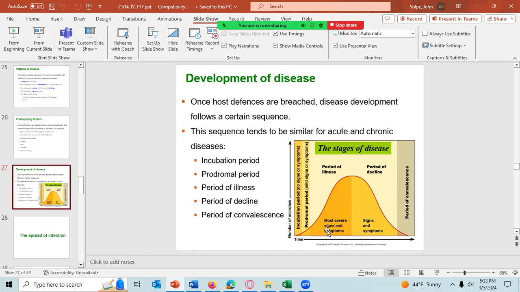The reason why is in an adult, in the period of illness, the immune system has ramped up and is attacking the microbes. And so you're less likely to spread the disease, at least colds and flus, in the period of illness than you will in the incubation period and the prodromal period.